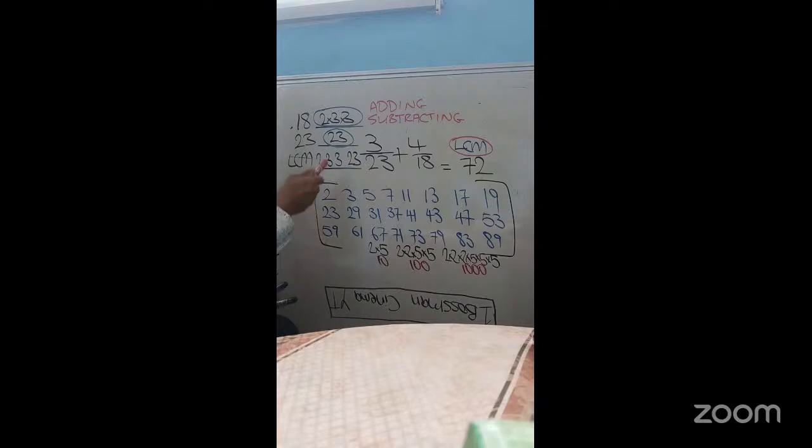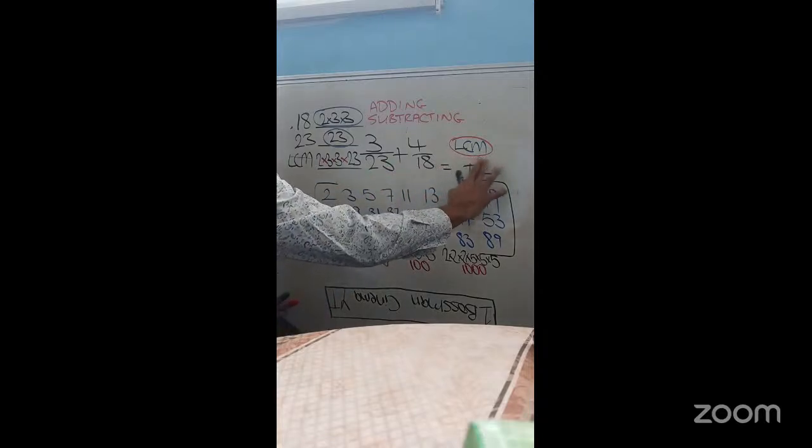Right? So when there are only two of them, and one of the numbers is prime, you essentially end up having to multiply.